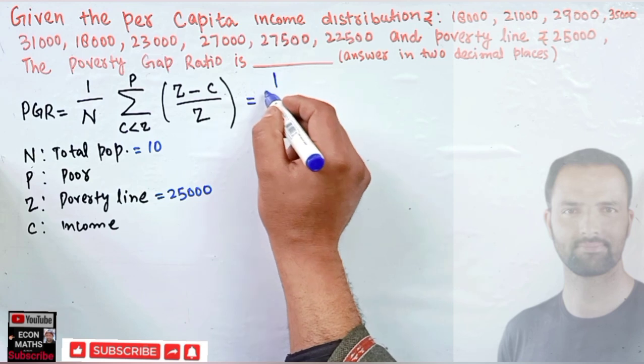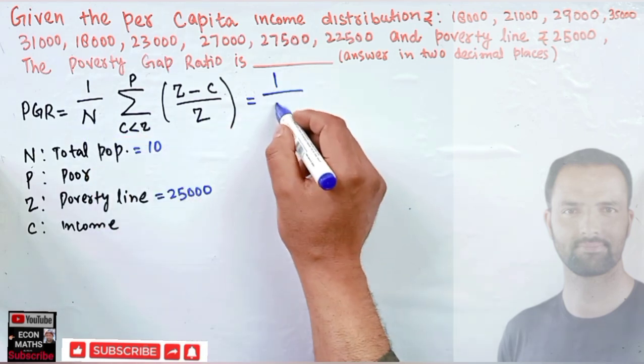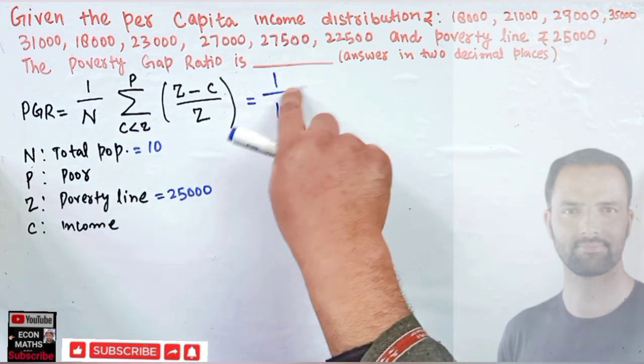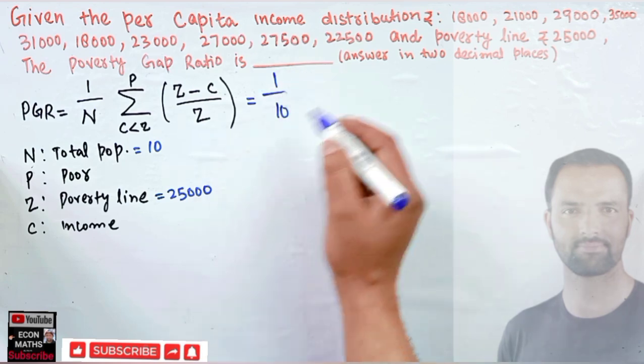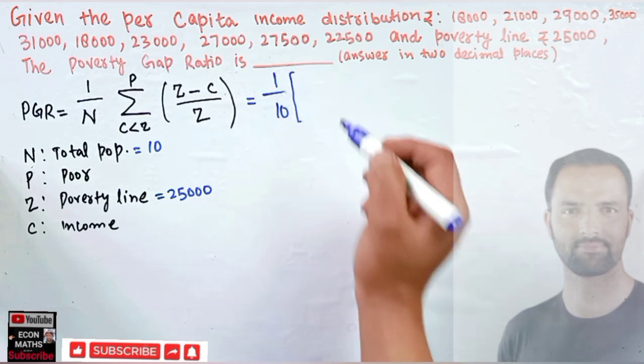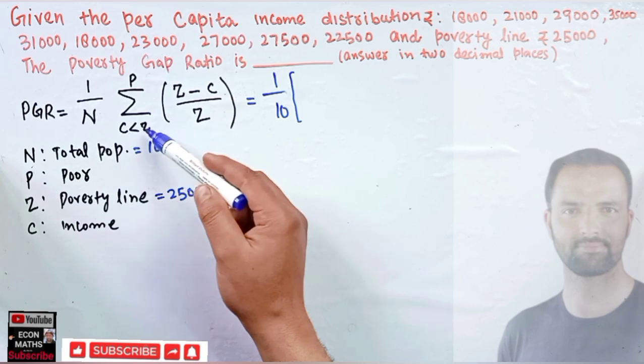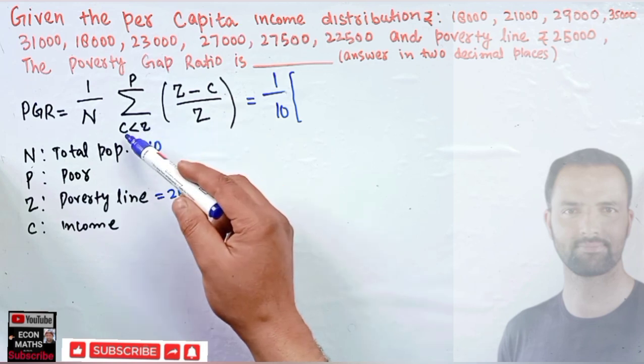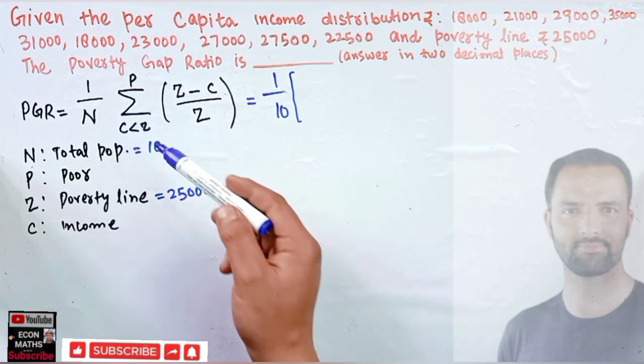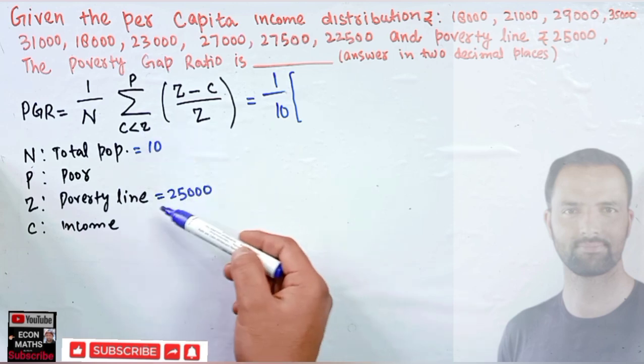So we have 1 divided by the number of persons, which is 10. Now C should be less than Z. C, the income of persons, should be less than 25,000.